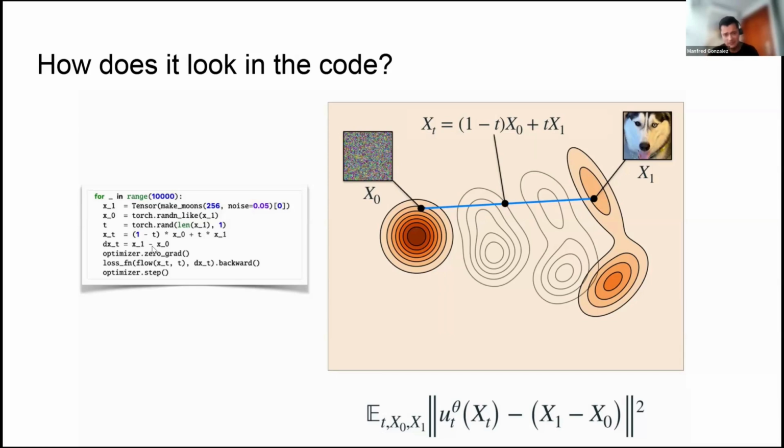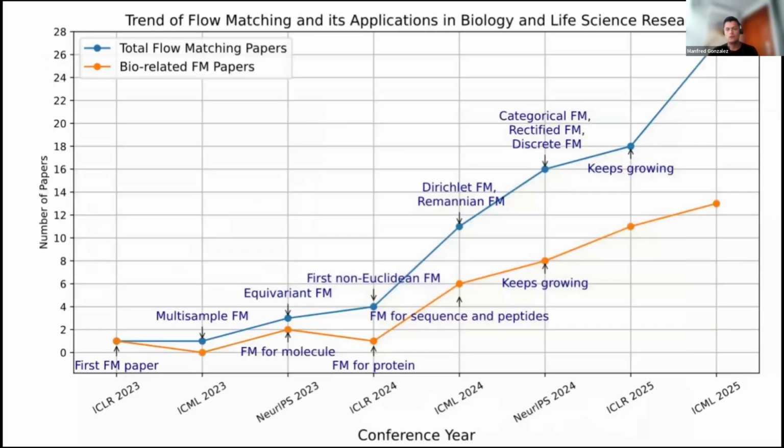They plug that into the mean square error, and that's how they optimize this network to be able to learn at any point of this trajectory the velocity. And once you are sampling to create new images, you basically use the same network to follow the velocity towards the desired data that you want to achieve.